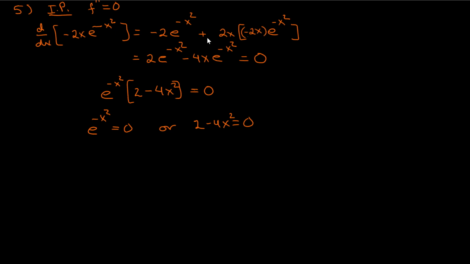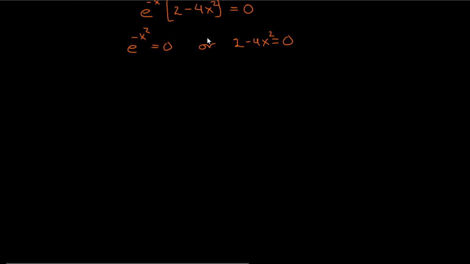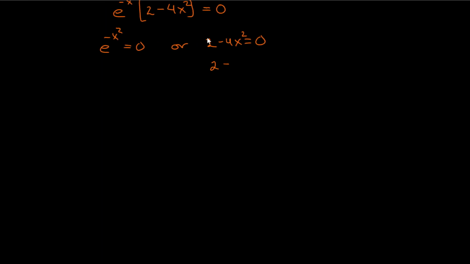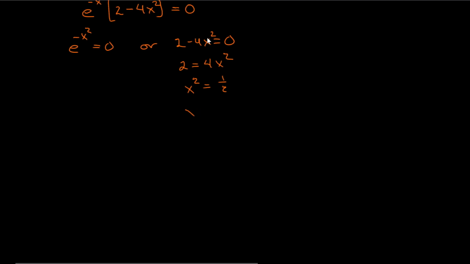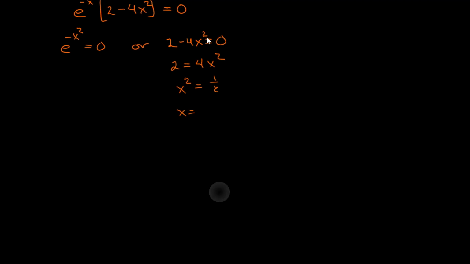Well, that'll change things a little bit. That's going to give us 2 equals 4x squared, which gives us x squared is 1/2. If we take the square root, that gives us x is equal to 1 over the square root of 2. Multiply top and bottom by square root of 2, and we get square root of 2 over 2.